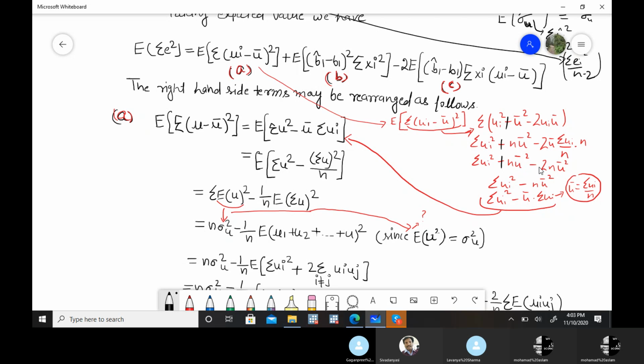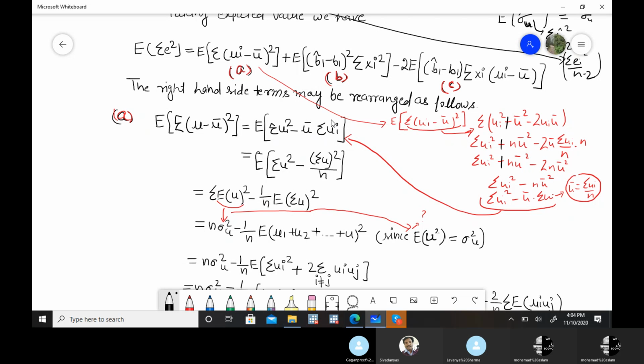Then it's 2, so just one cancels out, and we will be left with this part, summation ui square minus mean into summation ui, because we can also write this mean as summation ui upon n, so one n will cancel out. We will remain with summation ui square minus mean of residual summation ui.